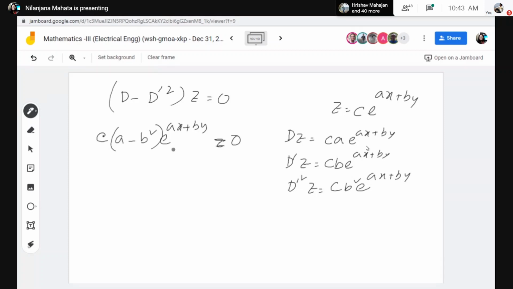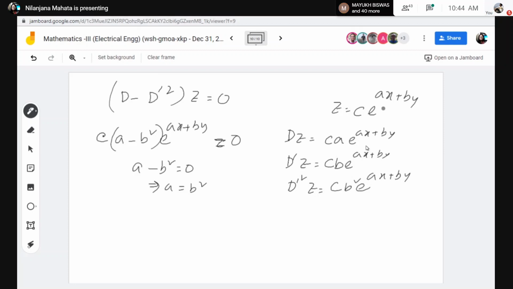Now, since we know that if c is 0, your solution will be a trivial solution, c cannot be 0, and this exponential term cannot be 0, so that means a minus b square is 0, which implies a is equal to b square. Now you will have your trial solution.